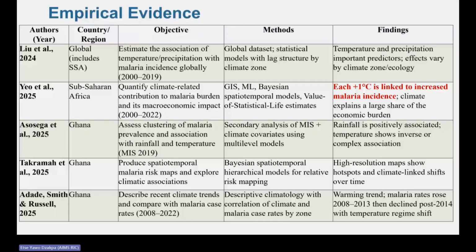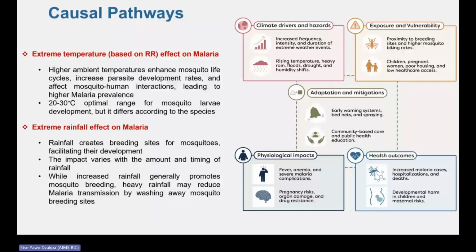However, we also need to understand clearly the pathway, how those extreme temperatures are really affecting malaria. Based on what we defined earlier, a certain level of temperature creates good conditions for mosquito development, meaning that temperature controls mosquito development and biting frequency.